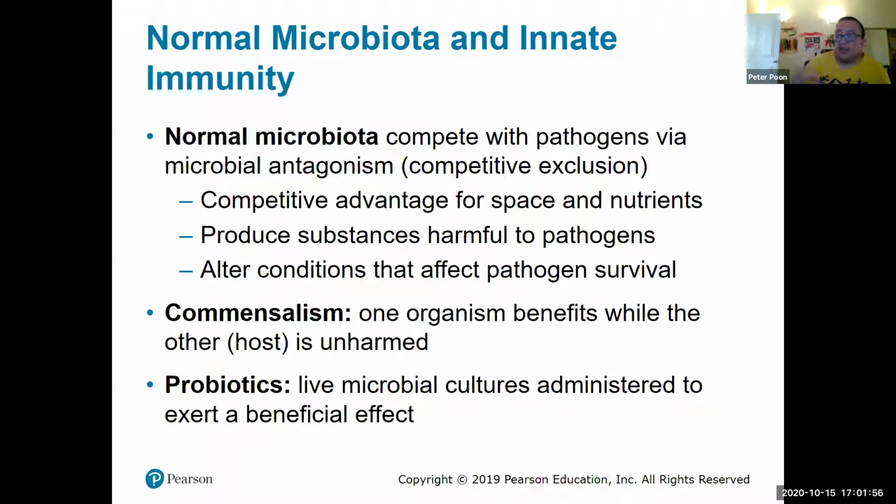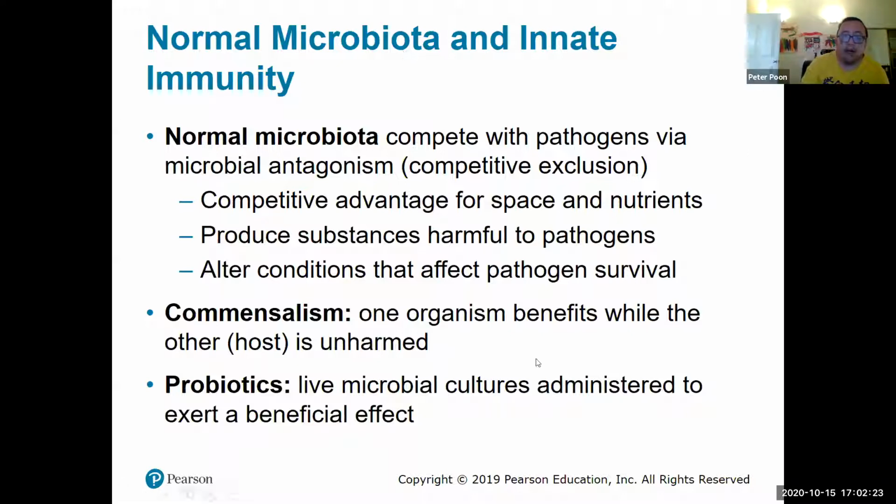So for other bacteria to get in, they have to push these guys out of the way or kill them or some other format of getting them out of the way, which is difficult. These normal biota also produce substances that are harmful to pathogens, like they lower the pH, etc., etc.